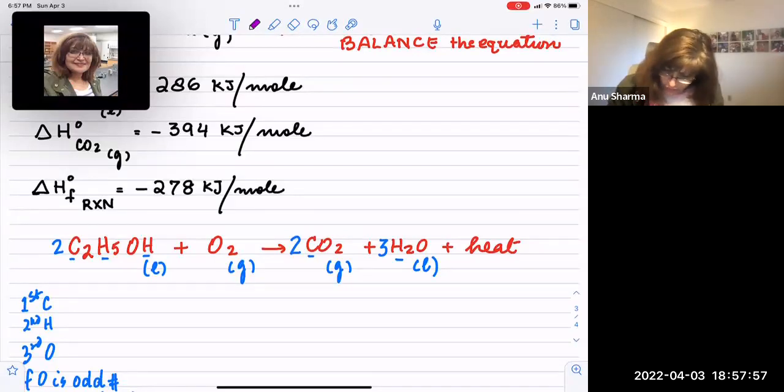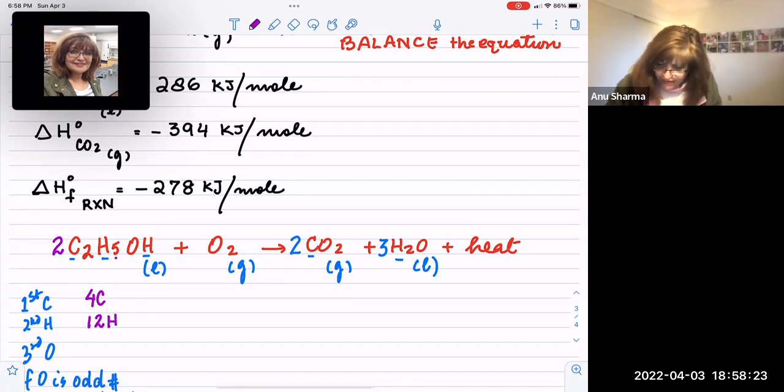So right now we have 4 carbons, and if we multiply the whole thing by 2, except the oxygens on the right-hand side. So if you put this 2 here, this makes it 4 carbons, and 5 plus 1, 6. 6 times 2 is 12 hydrogens, and then 2 oxygens here, and then leave this oxygen right now.